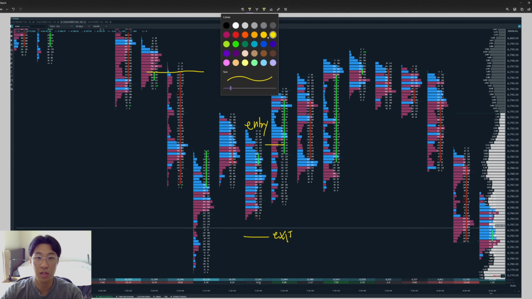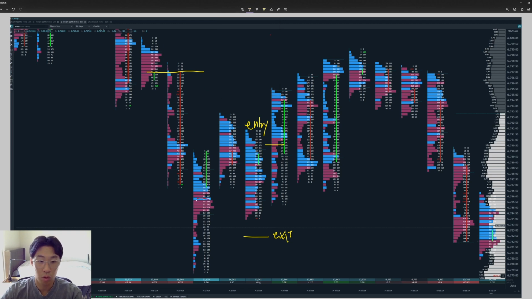So the confirmations I received were absorption at this level and the high volume move here. This is the current day low, our key level. And initially, I also hesitated here because knowing my data, taking trades off a current day level is never really that great for me.